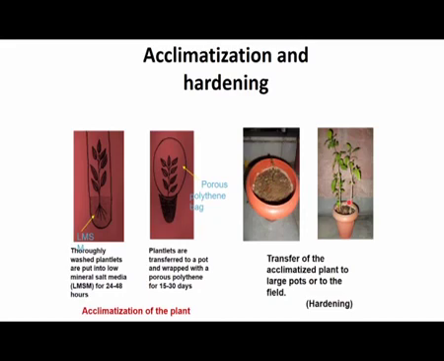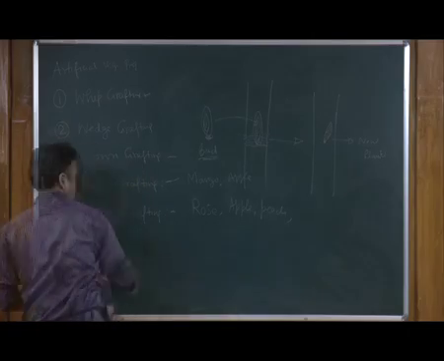So, what are the advantages of vegetative propagation, and why are we doing artificial as well as natural vegetative propagation?